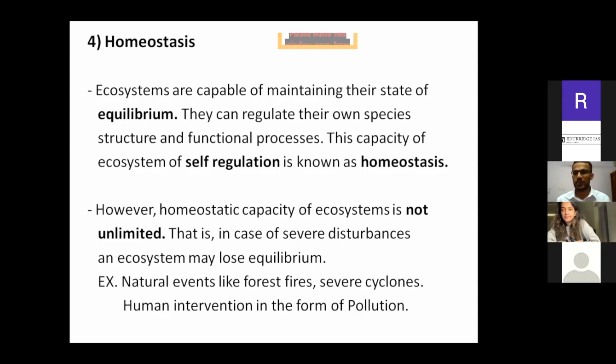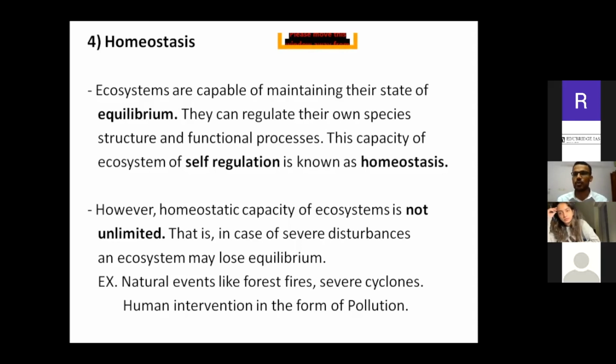So it is nothing but an ability of the ecosystem to maintain equilibrium through self-regulation. But this capacity of ecosystems is not infinite. No, it is not infinite capacity.